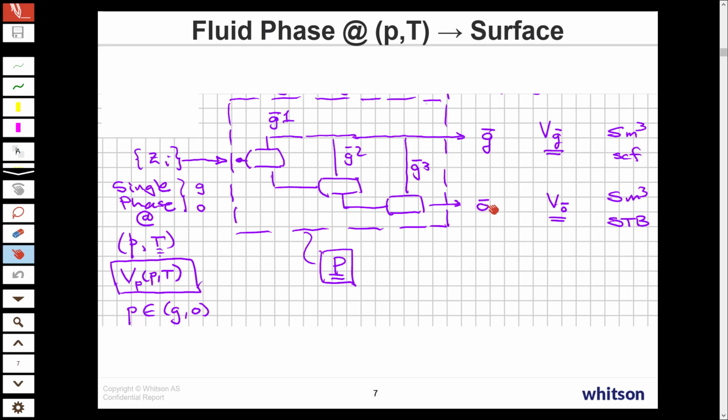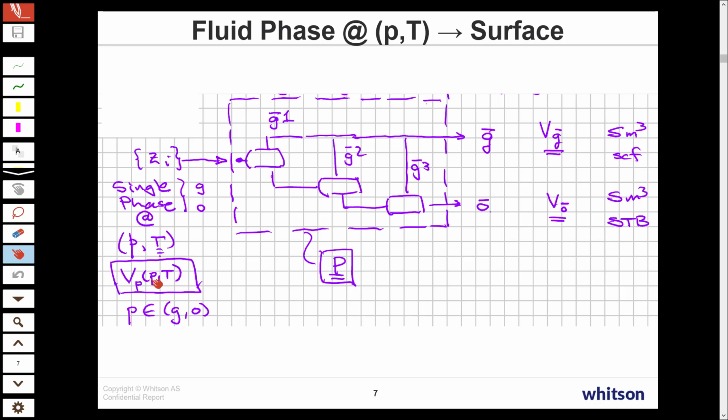So we've got these two products being generated from an incoming fluid, and that fluid might be a single-phase gas or a single-phase oil, and it would be specified at a particular pressure and temperature. Just remember that for the black oil table we're creating, it'll be at a fixed temperature. Now we'll know the volume of that phase at the pressure and temperature. So this is a generic kind of structure of how the black oil PVT properties are going to be calculated and how they're going to be defined.